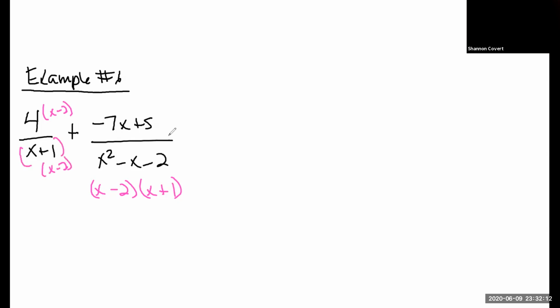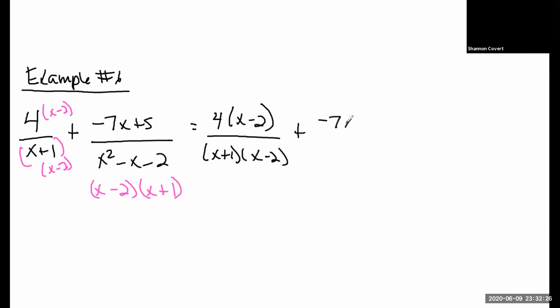It has both pieces. So my first fraction is going to be rewritten as 4 times x minus 2 over x plus 1 times x minus 2 plus negative 7x plus 5 over x plus 1 times x minus 2. My restrictions, x cannot be equal to negative 1 and 2.